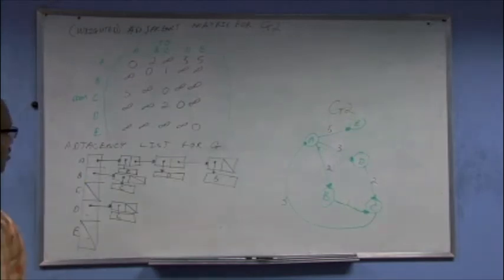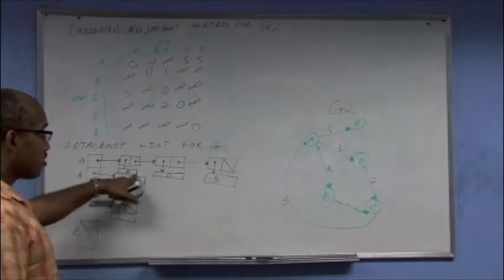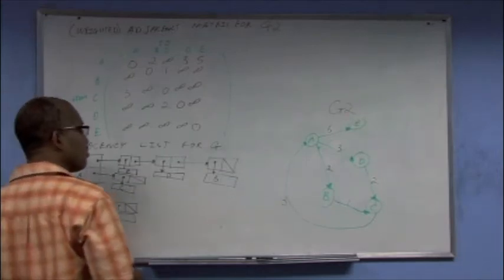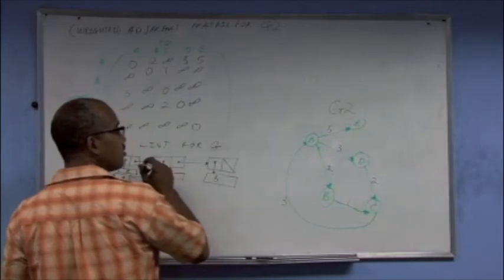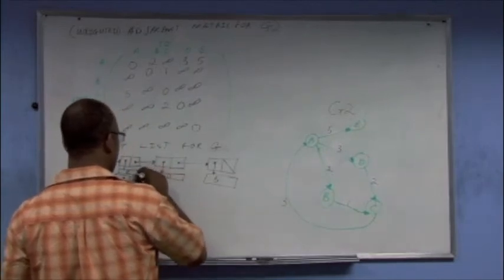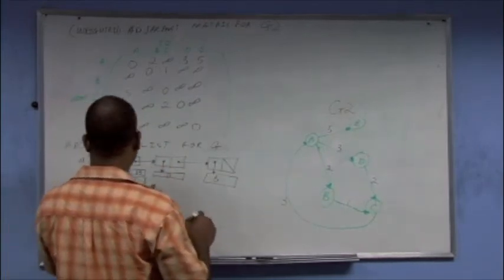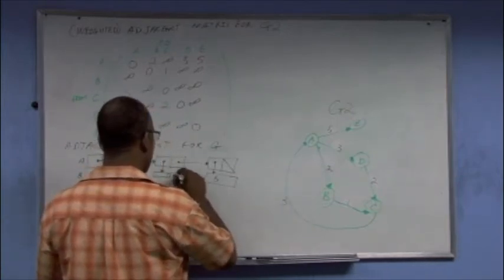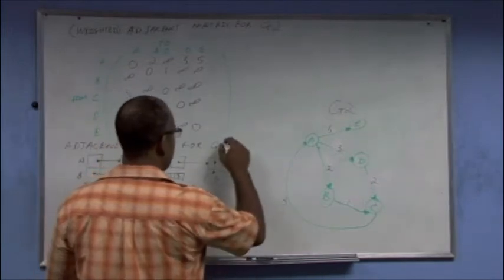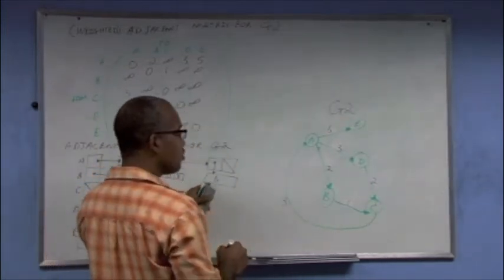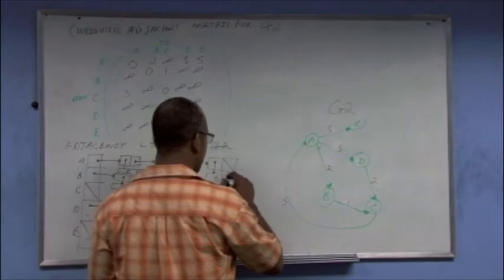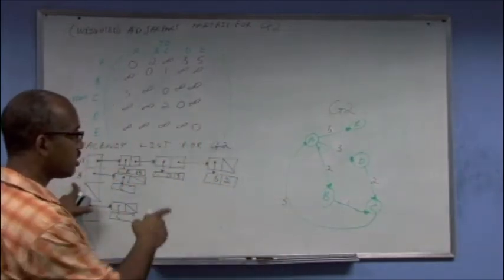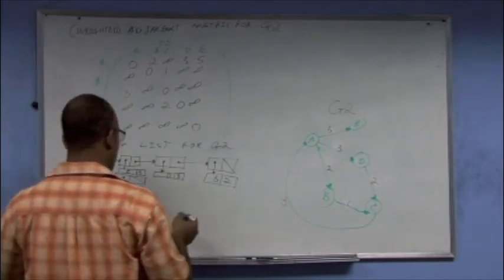For the weighted adjacency list, we just simply modify this and include the weights. So A to E will be 5. A to D, 3. A to B, 2. B to C, oh, we didn't add one edge there, so I'll put 15.